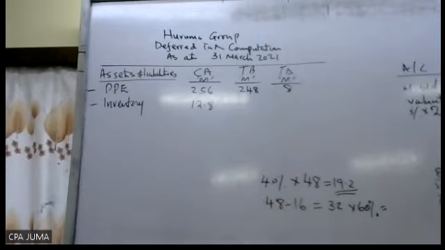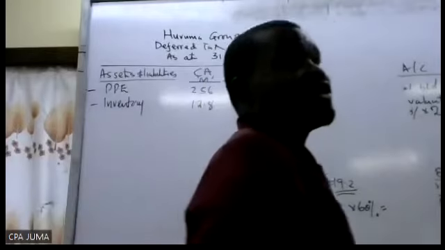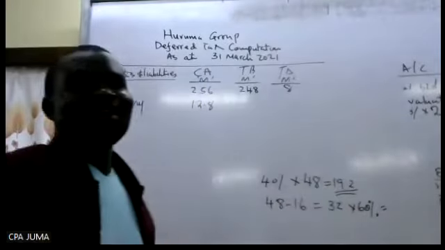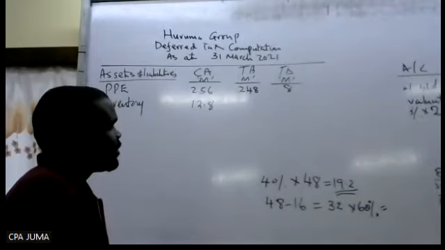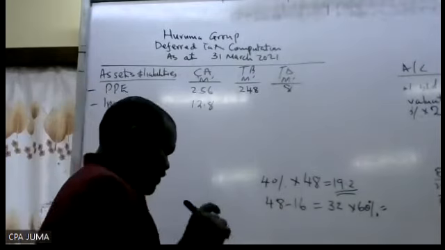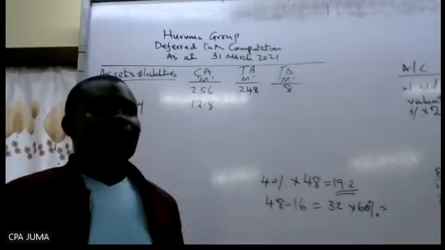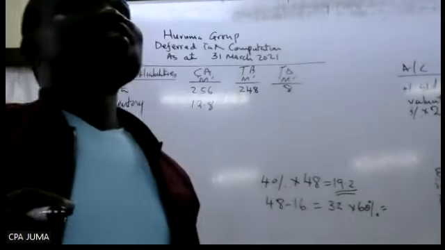The only fear I have with this 40% of 48, 48 was profit inclusive. Another way, that's 16, but 40% of 16, and you add to 12. You take 40%, that's 40% of 16.